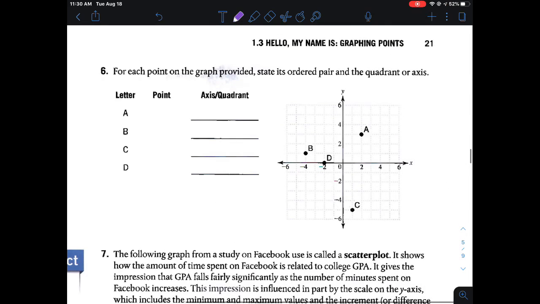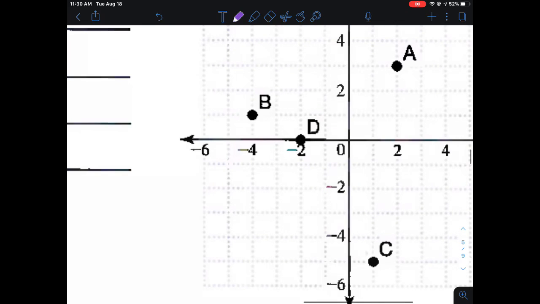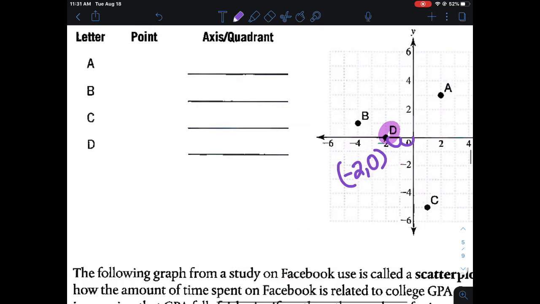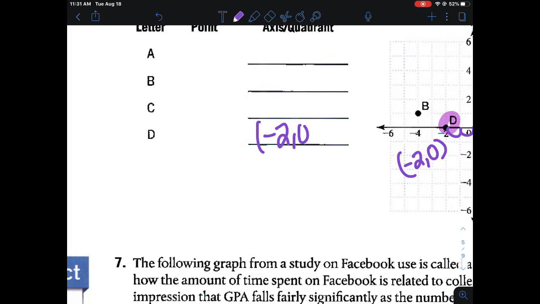And then question number 6, kind of the opposite, stating the ordered pair and then the quadrant or axis. Let's do point D because it looks like it's right on the axis. So we go over in the x direction, we go to the left 2, so -2 is my x value, and then I go up 0. So 0 is my y value. (-2, 0).